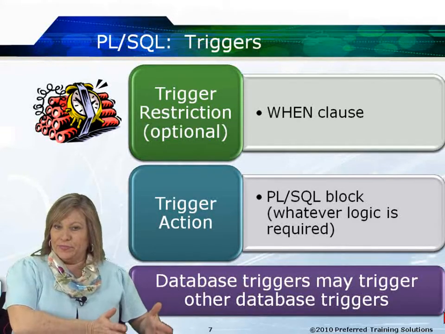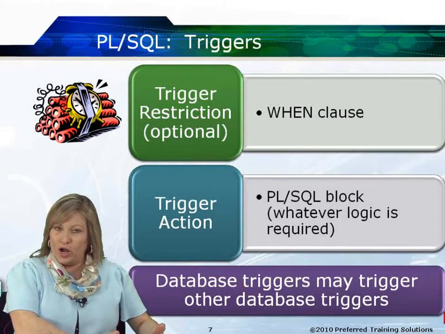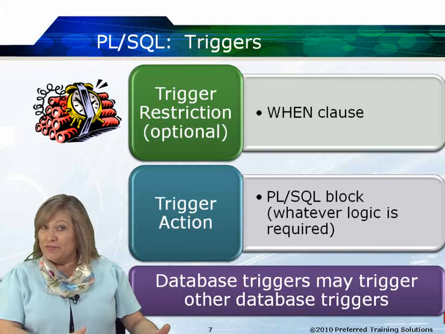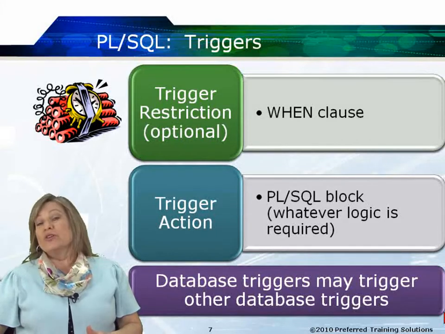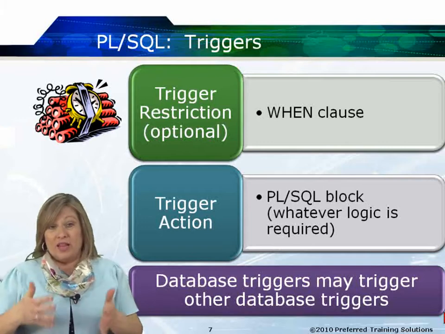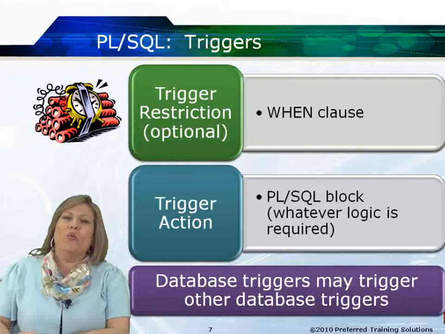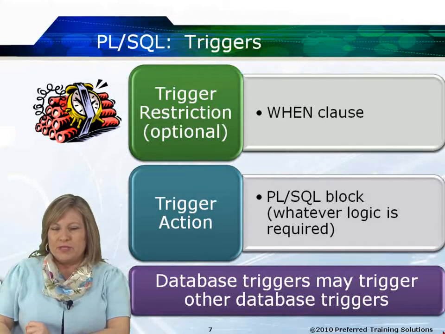So by making that one delete on the initial row, the trigger action itself can perform DML. If the trigger action performs DML on an event for which there is another trigger defined, you could potentially have a lot of triggers firing other triggers. So just be aware of that and be careful with exactly what you're doing. You only want to use them when you really need to and to automate specific processes.